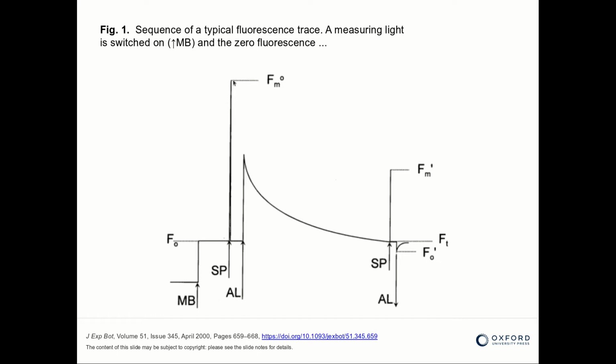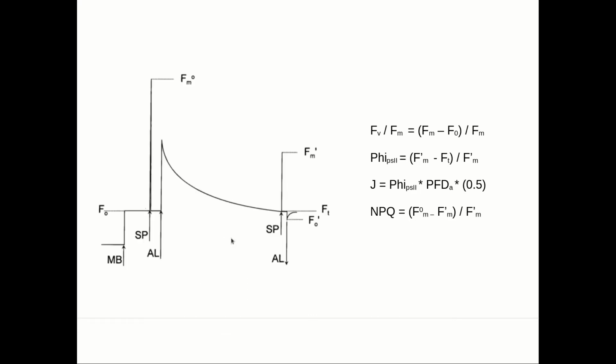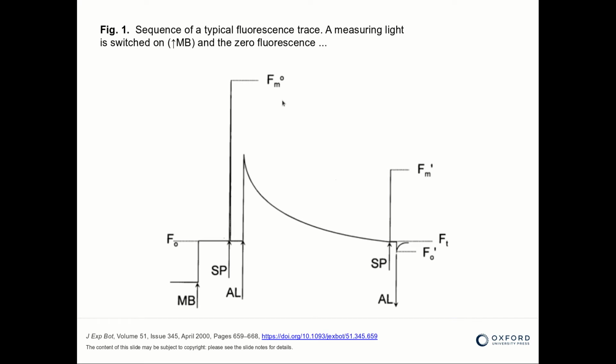And we can measure the fluorescence again right after this saturating pulse of light. And we'll call that FM naught, or maximal fluorescence, because again, fluorescence is proportional to the other processes that are going on. So when we hit it with a saturating pulse of light and you have more light, there's more fluorescence.